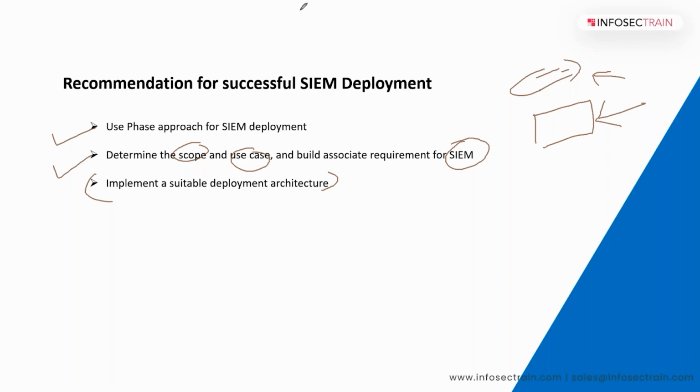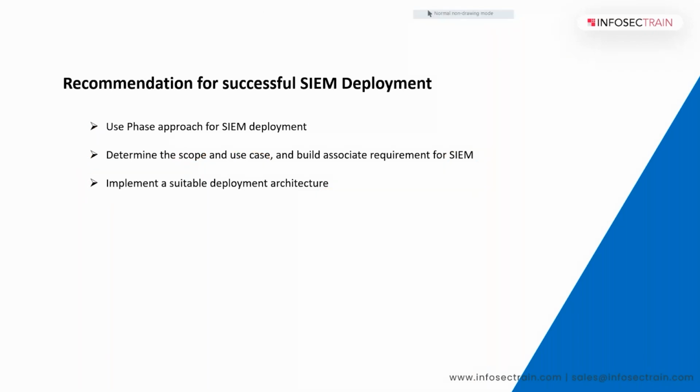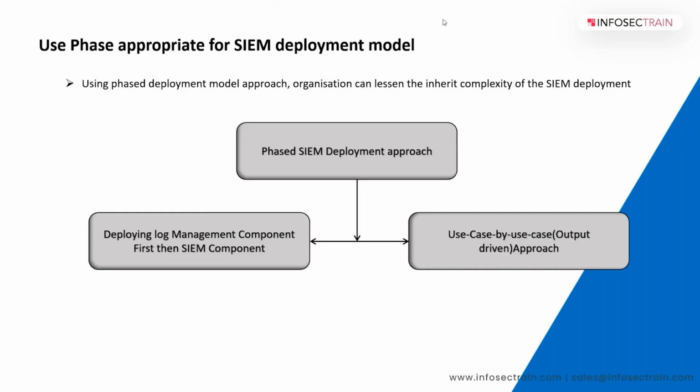Okay, now these are the recommendations for how it needs to be installed. We have taken care of the recommendations. Let's go with a step-by-step approach, a proper approach to deploying a SIEM. Let's say I want to deploy a SIEM. For that, what will be a proper approach? What will be a step-by-step approach? The first step will be to use a phase appropriate for SIEM deployment.